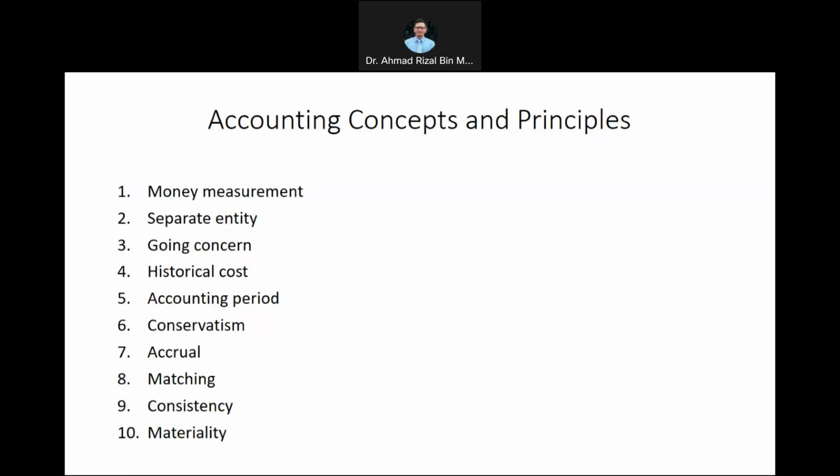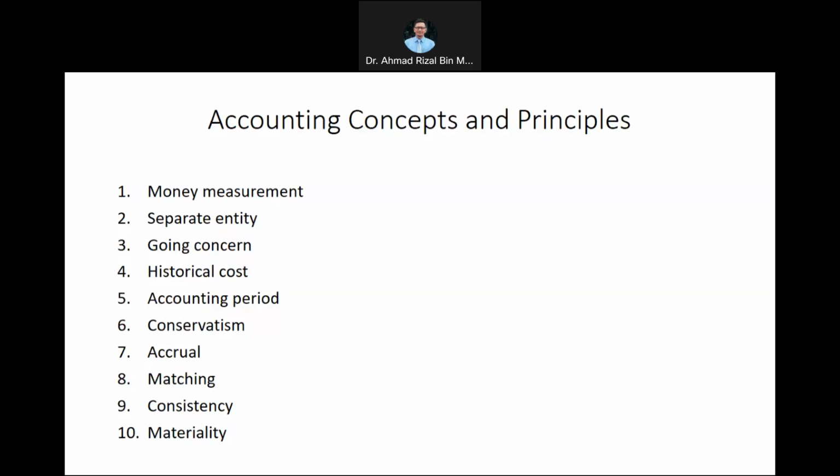And this is where the accountants use their expert judgment as well as common sense. So they need to understand the business. Some businesses can be quite complex, when it involves, for example, financial instruments such as derivatives. Right now we have fintech, the development of fintech, so it can be quite complicated.